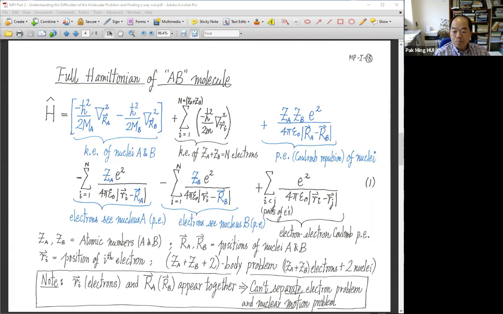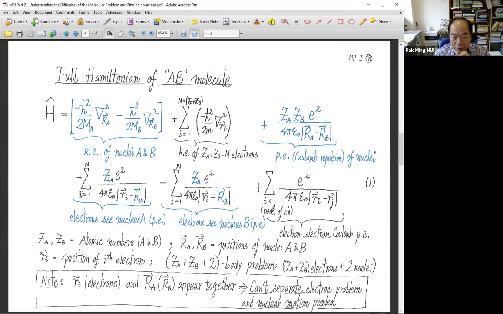I have momentum operators for the nuclei as well as, of course, the conjugate pair, position operators of the nuclei, all right? Now, this is at least correct for this expression. Then let's go to the next terms.